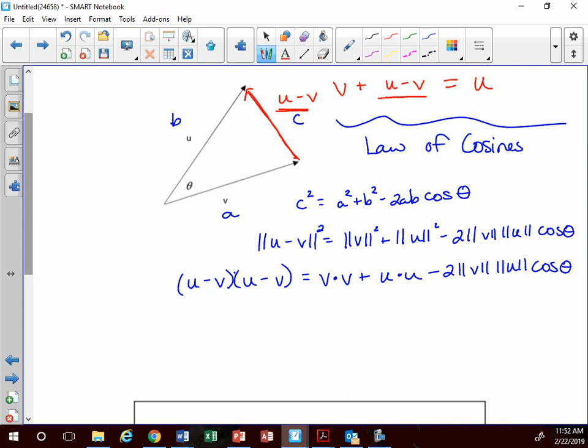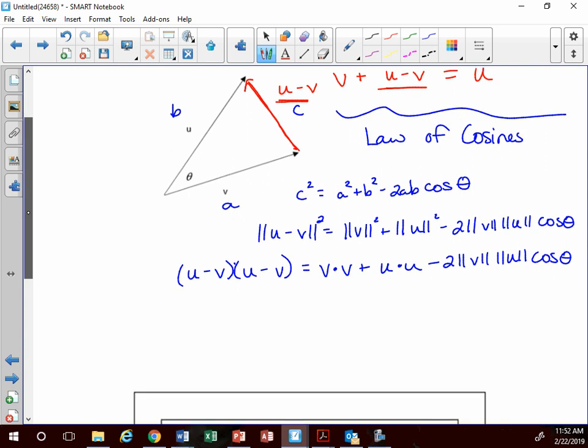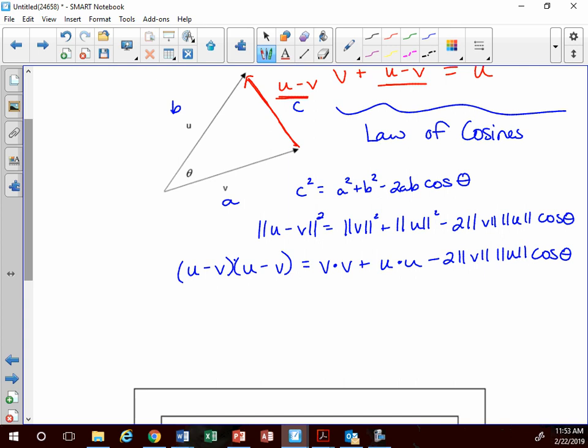Are you with me? Okay. Now we have to do some multiplication here. So this u minus v and u minus v, are you okay with that being u dot u minus 2 u dot v plus v dot v?